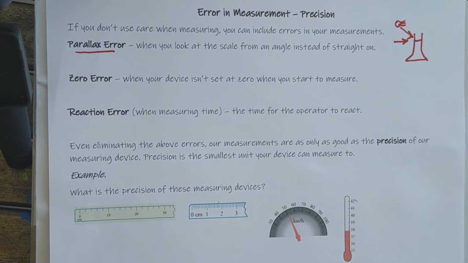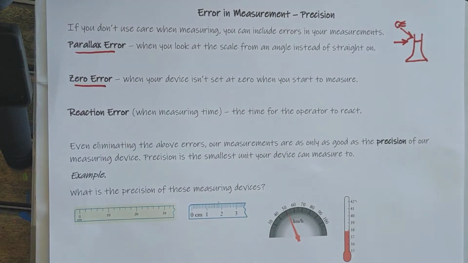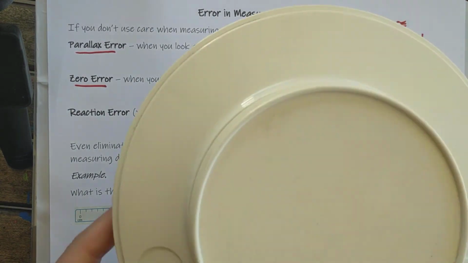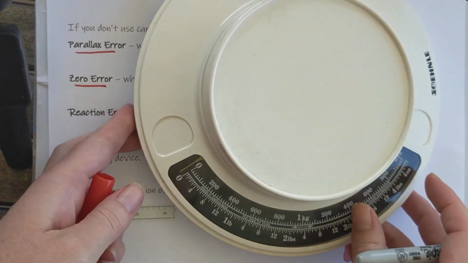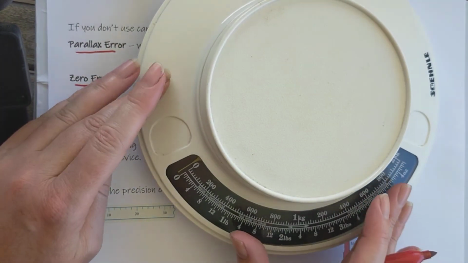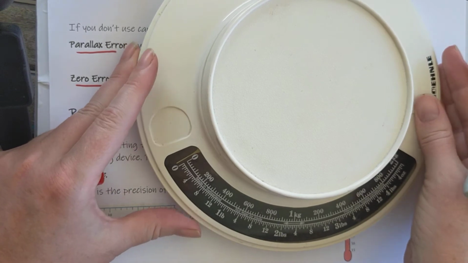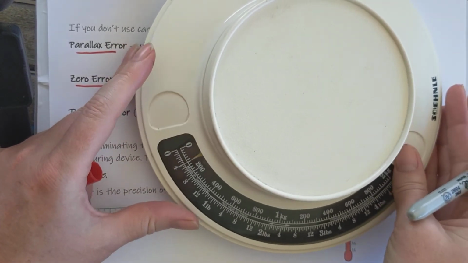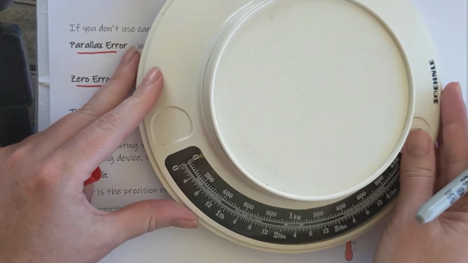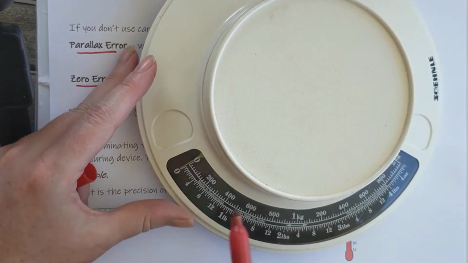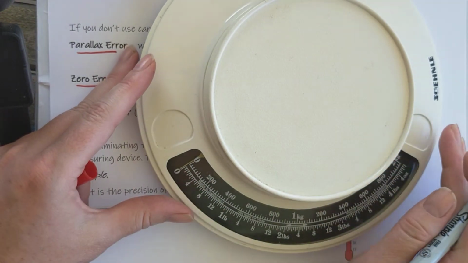Another error that you come across is zero error, and that's when your device isn't set at zero. So if you have a look, here's my measuring scales from my kitchen, and when you go to start to measure, you need to turn our measuring bit so that the yellow measuring line lines up exactly with zero.